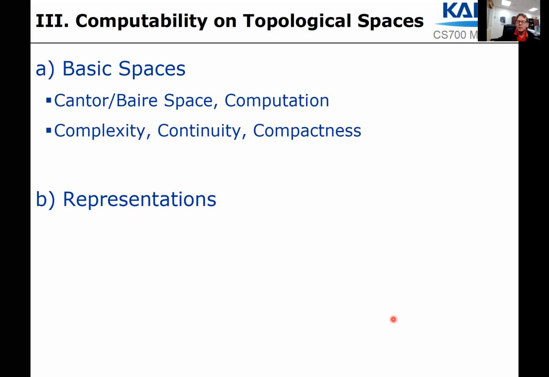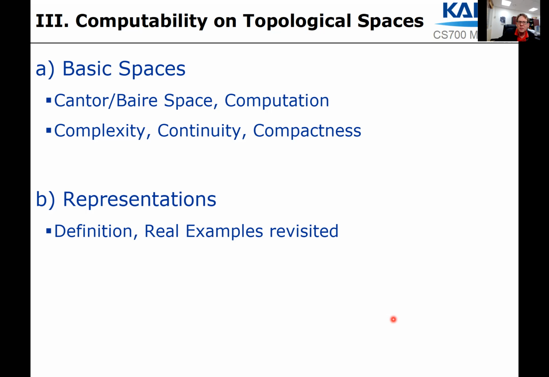Then from there, we would proceed to discuss computing over more general and abstract topological spaces by encoding them over basic spaces. These encodings were formalized as so-called representations in the Type 2 Theory of Effectivity of Weihrauch.